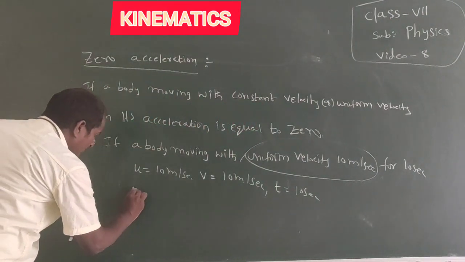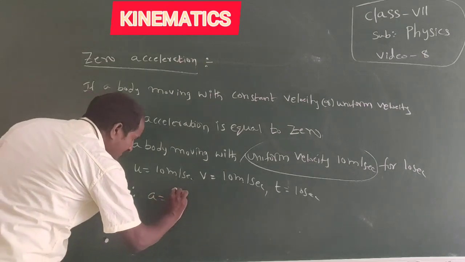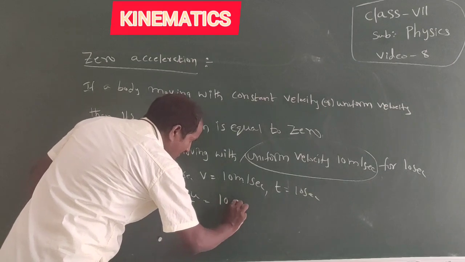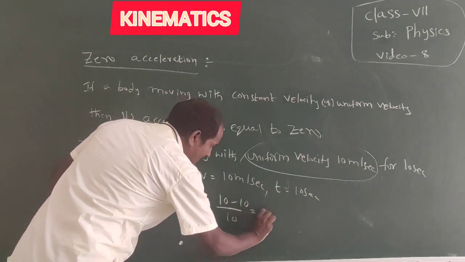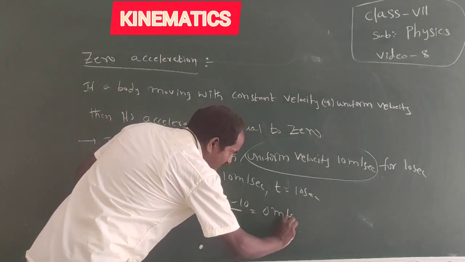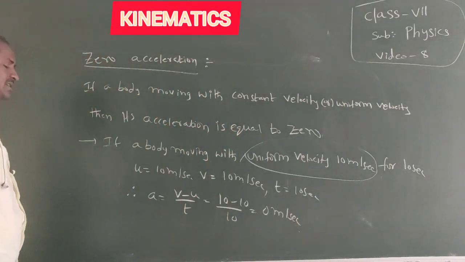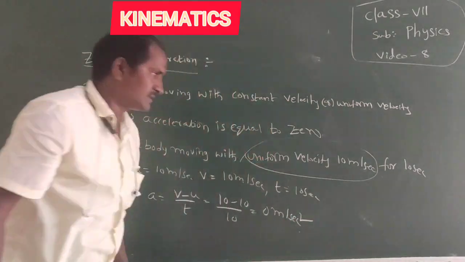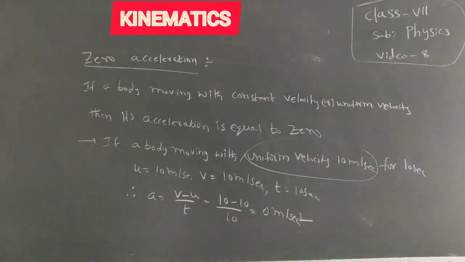Therefore a equal to (v minus u) by t, that is (10 minus 10) by 10, equal to 0 meter per second square. So the unit of acceleration is meter per second square. It is about zero acceleration.